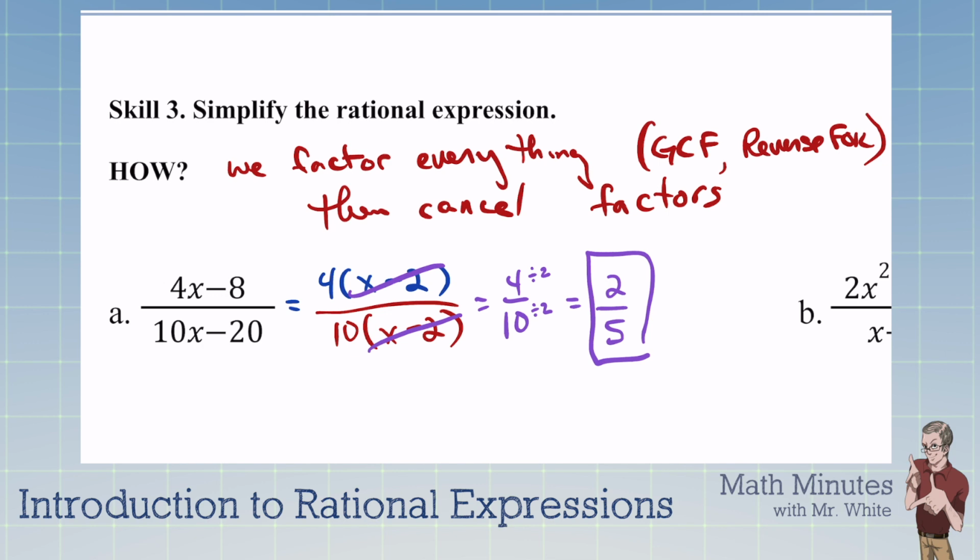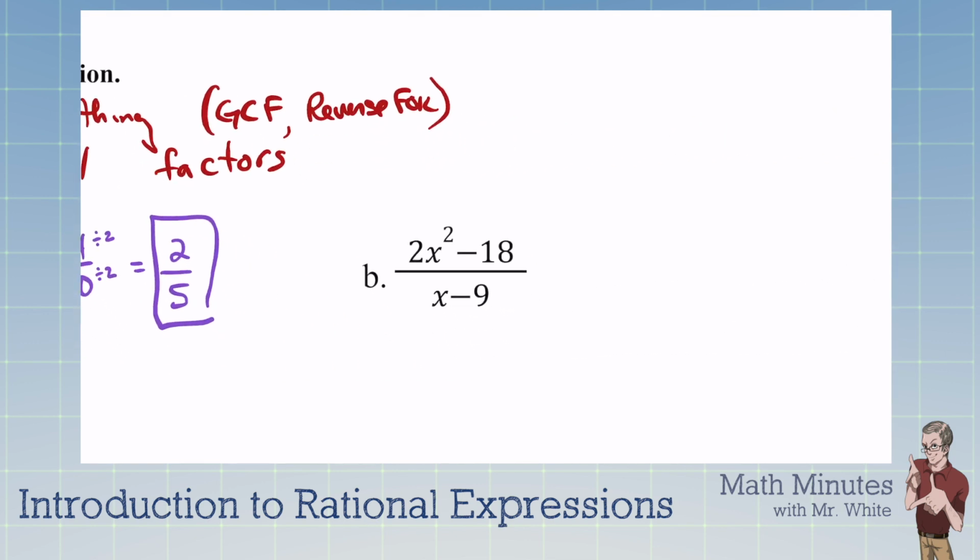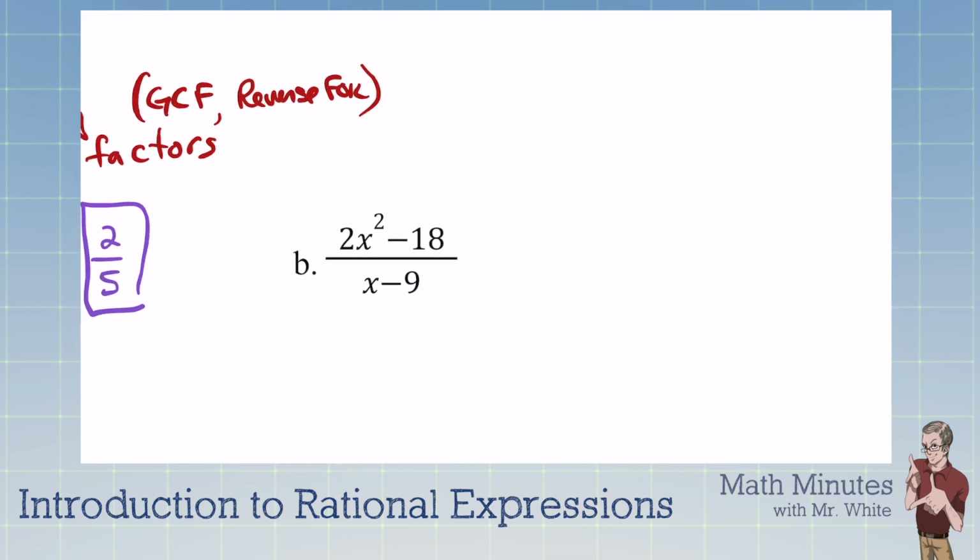All right, moving over here. Let's factor the top and bottom. Now, as I look at this, is there anything to do in the bottom? No, it's just x minus 9. So now we have to see, maybe, is there an x minus 9 on the top? Well, I see a GCF first. Notice I put this equal sign because I really am rewriting the fraction just differently. So I'm going to factor out a 2 here, and I get x squared minus 9.